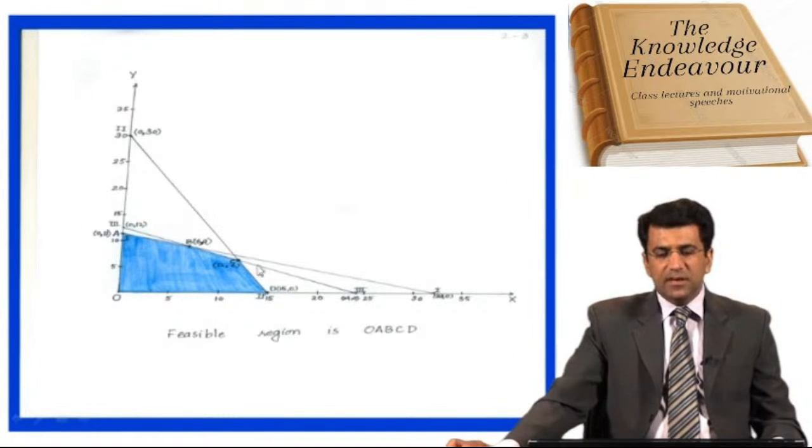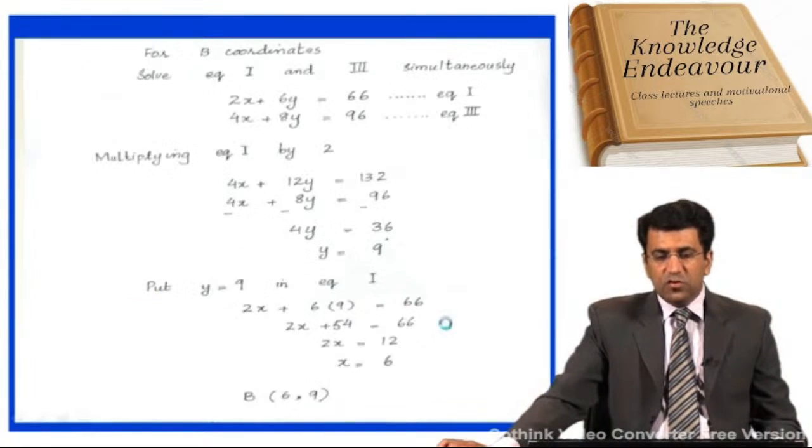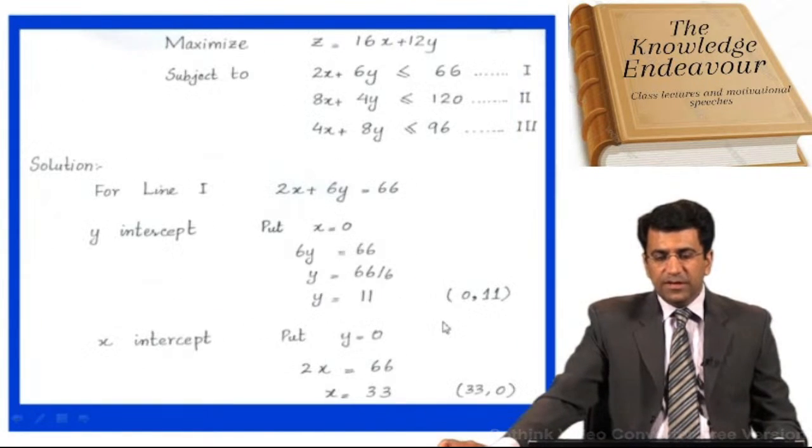Now class, suppose this is the graph. This is the x-axis, this is the y-axis, and you have taken a suitable scale on the x-axis and a suitable scale on the y-axis. Now we have to draw those lines on this graph. This is our first line. What were the coordinates for the first line? That was 0, 11 and 33, 0.